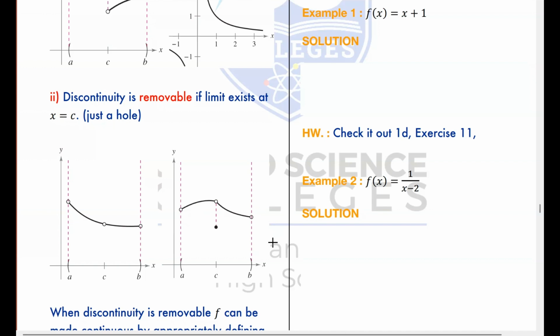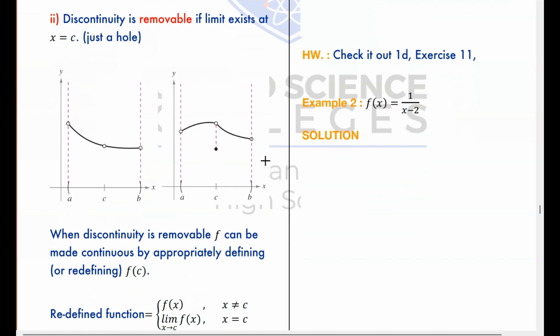We will check whether the function is continuous or not by checking those three conditions. If the function is discontinuous, we will determine what kind of discontinuity we have. If it is removable, we will redefine the function by filling the gap and see what happens.